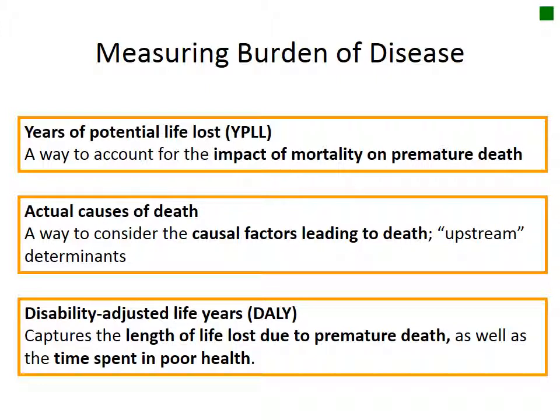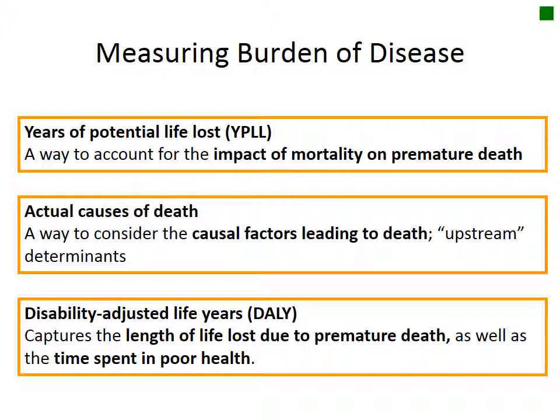In a death certificate, we want to record what is actually causing the disease, right? This is a very important metric in terms of understanding what is causing the disease. Well, we mentioned in the previous slides what some of those common diseases are, and we want to record them.